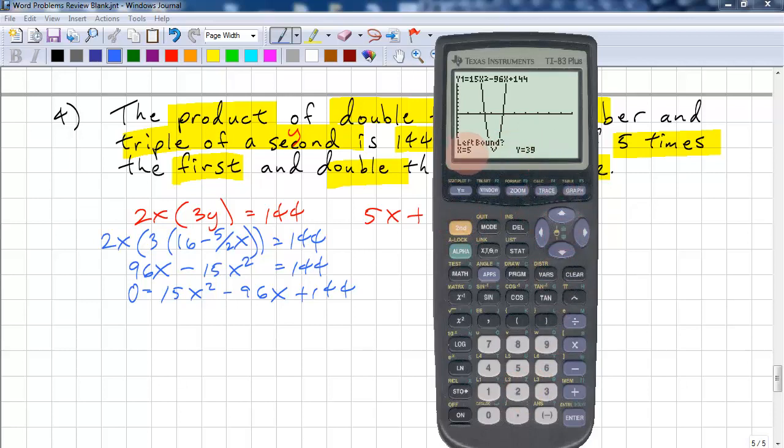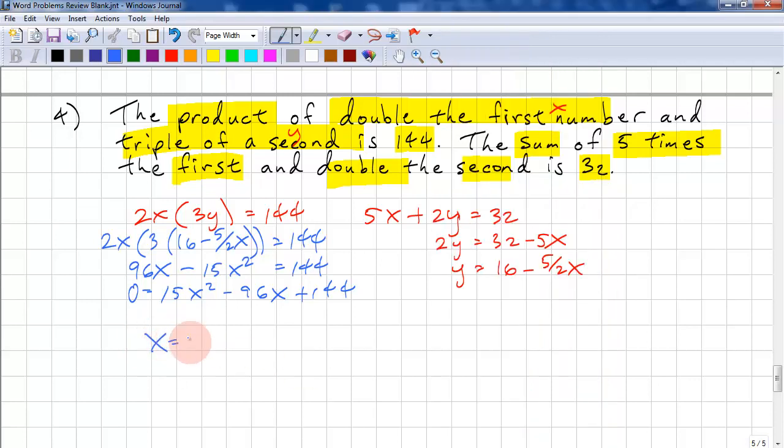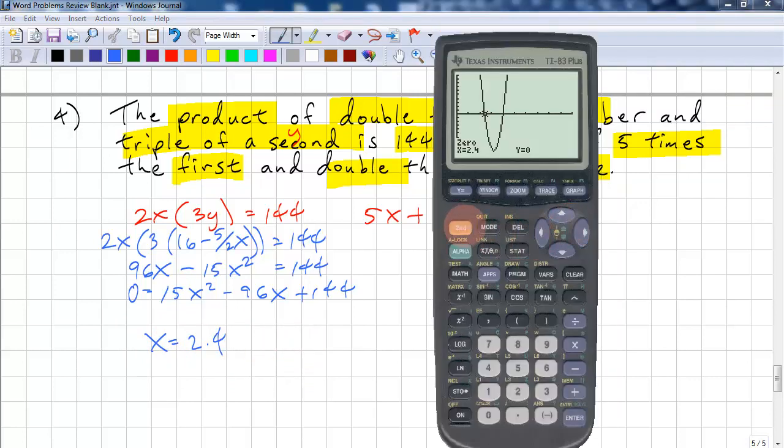So the x is at 5, so that means I need to move left. And here's our cursor. And our right bound and our guess. X equals 2.4. Our second answer is 4.